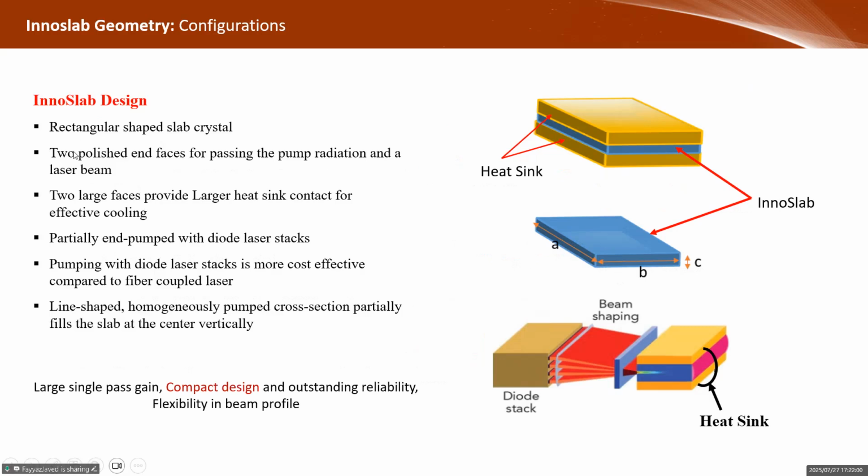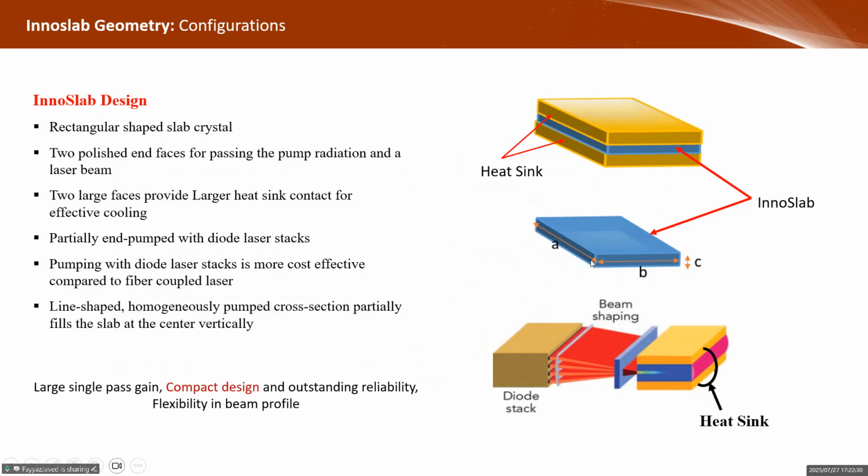As I told, it's a rectangular shape. It is a partially end pumped crystal, pumped from one side; it can be pumped from both sides, but it is end pumped. When we pump this crystal, we don't fill the full face. If A is the pumping face, we don't fill it completely with the pump beam.